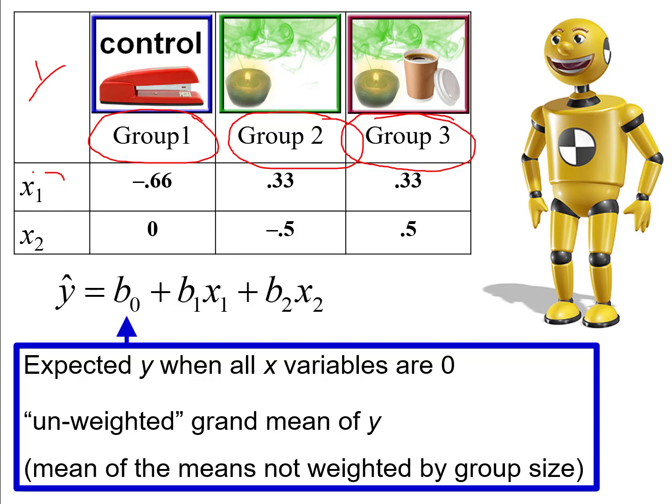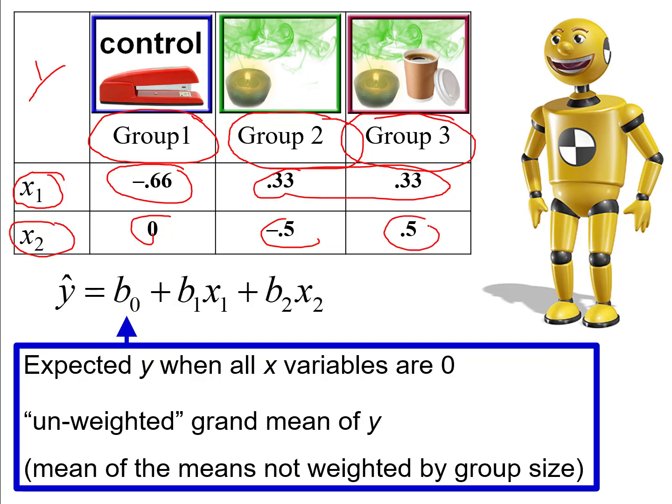Everyone has a score on x1, the first contrast, of either negative 0.66 or 0.33, depending on what group you're in. And everyone has a score on x2, my second contrast, which would be values of 0, negative 0.5, or positive 0.5, depending on what group you're in.